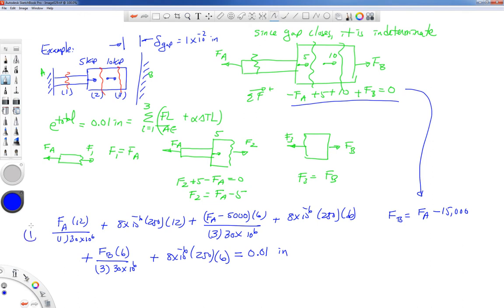So this being equation 1 and this being equation 2, we can do a simple substitution and get that down to 1 equation and 1 unknown. At this point, what you would do then is you would solve for those forces FA and FB, which allows you to determine F1, F2, and F3.